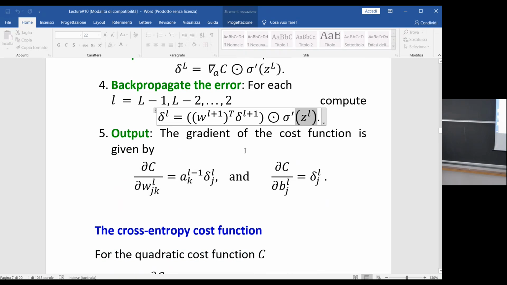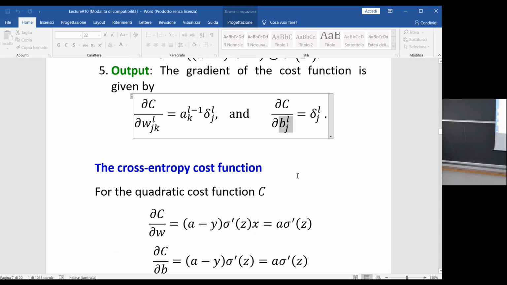And as output, the gradient of the cost function is given by dC by dw_jk^L for the weight coefficients and dC by db_j^L for the bias parameters.